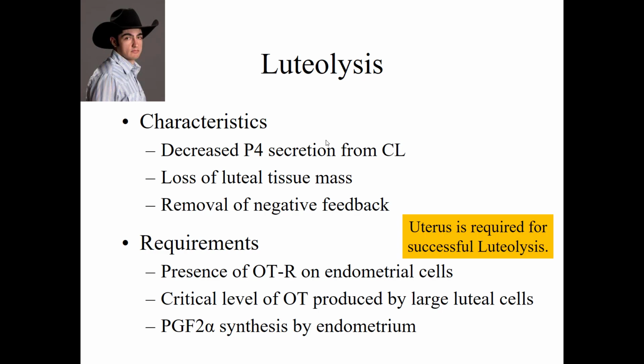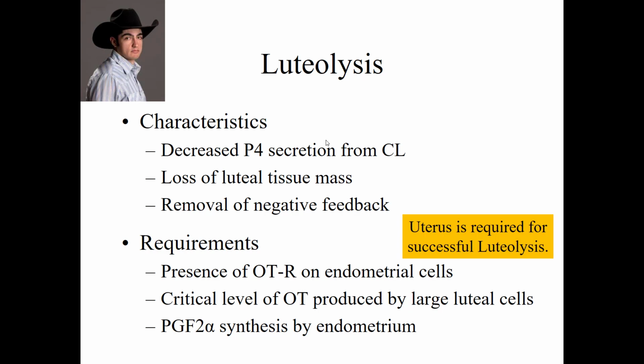In order for luteolysis to take place, the uterus has to be in place. We also have a few other requirements. There has to be the presence of oxytocin receptors on cells in the endometrial layer of the uterus.